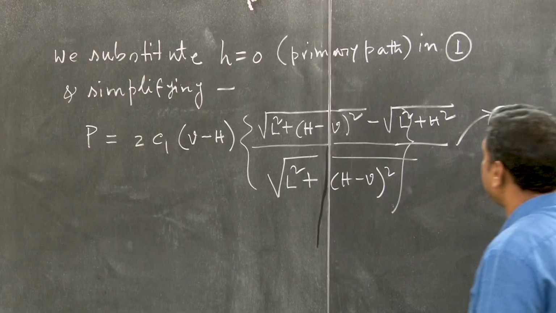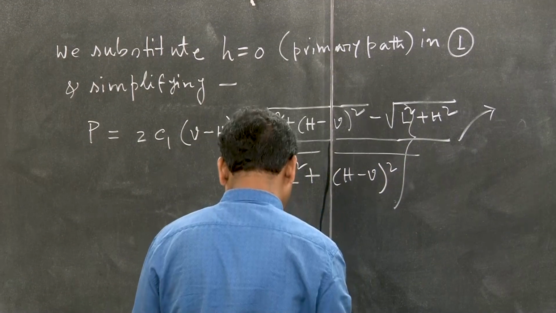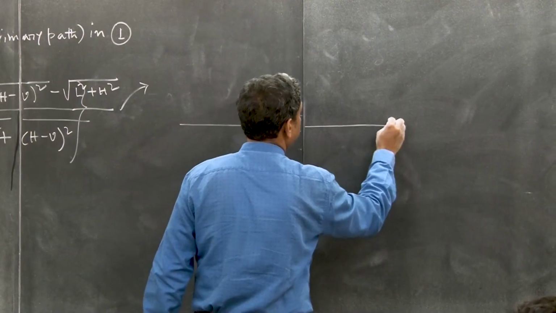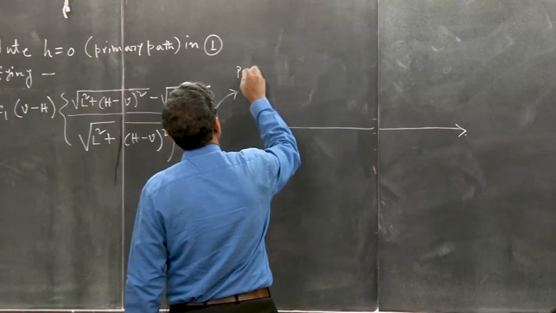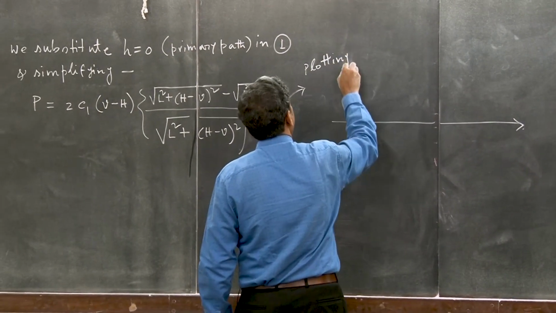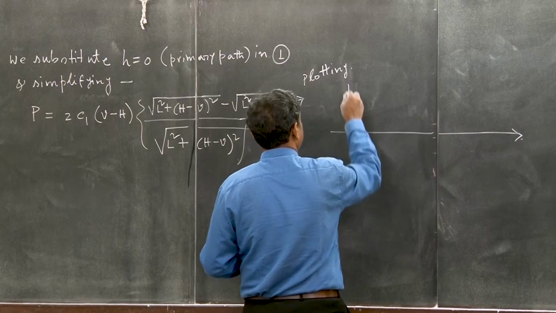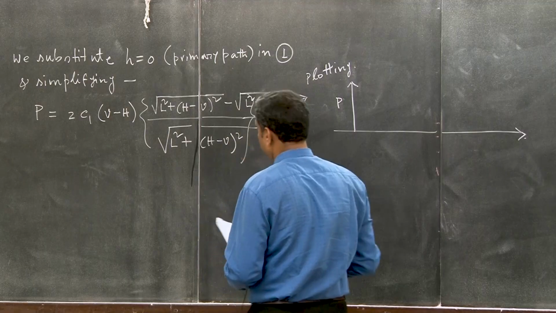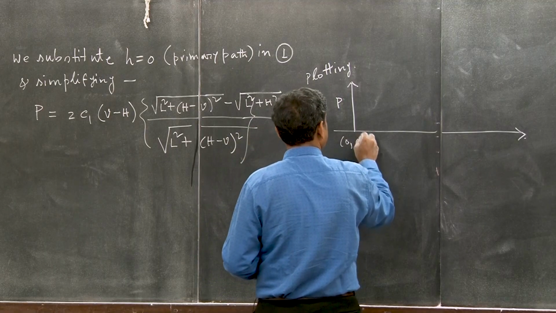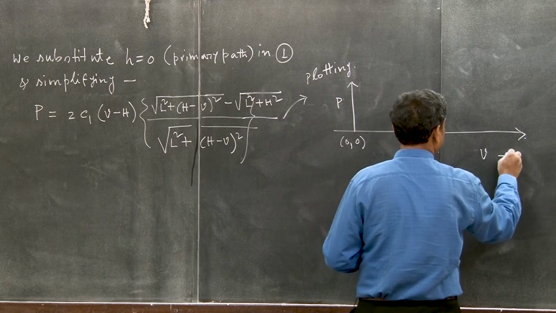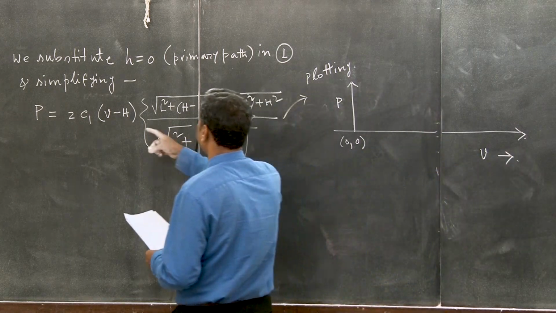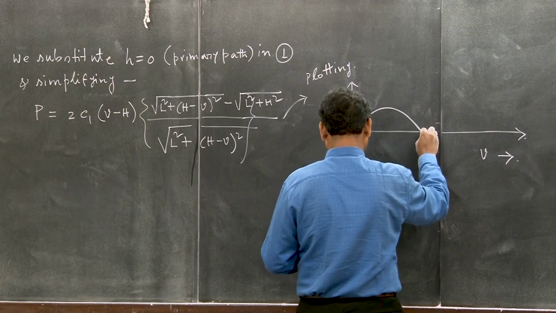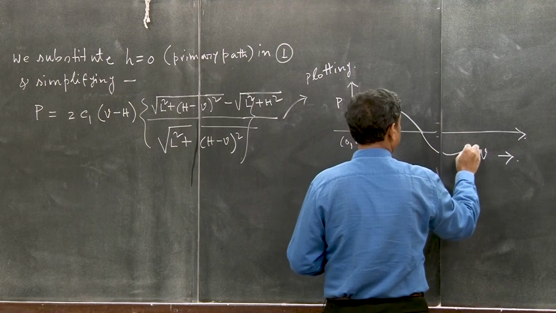So, we can plot this. If you plot it, how will it look? It will look like this. This is P, and here is V. If we put V is equal to 0, then it will be 0, and then there will be something like this.